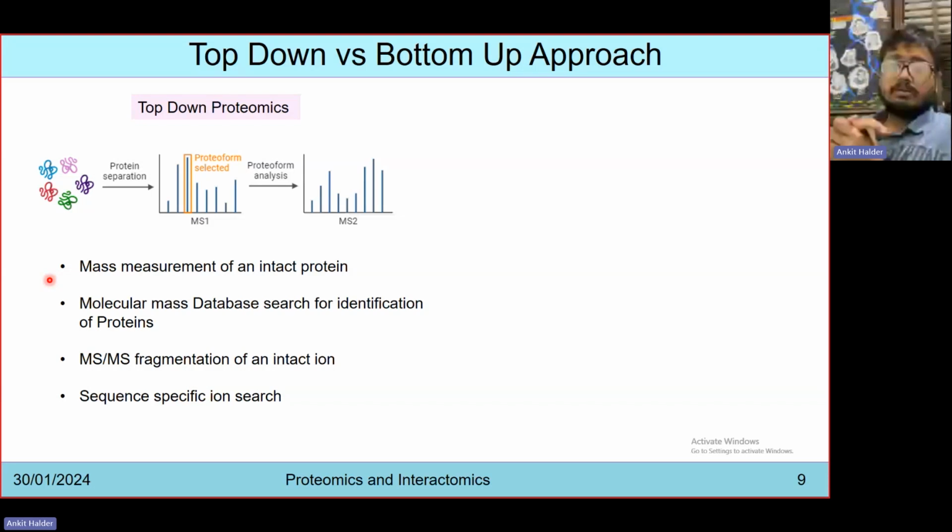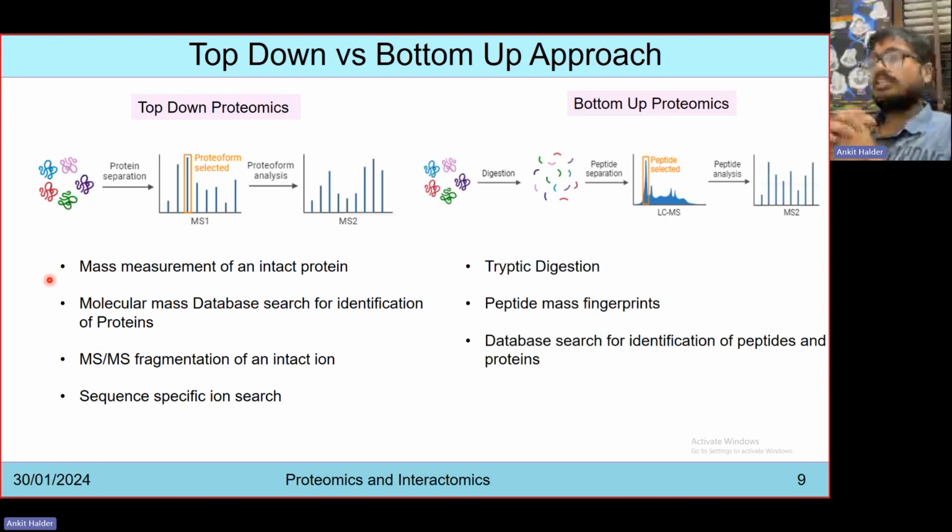The meaning here is to have the whole protein without breaking it, in a native state, with the entire protein's intact mass getting analyzed. That comes under top-down proteomics.